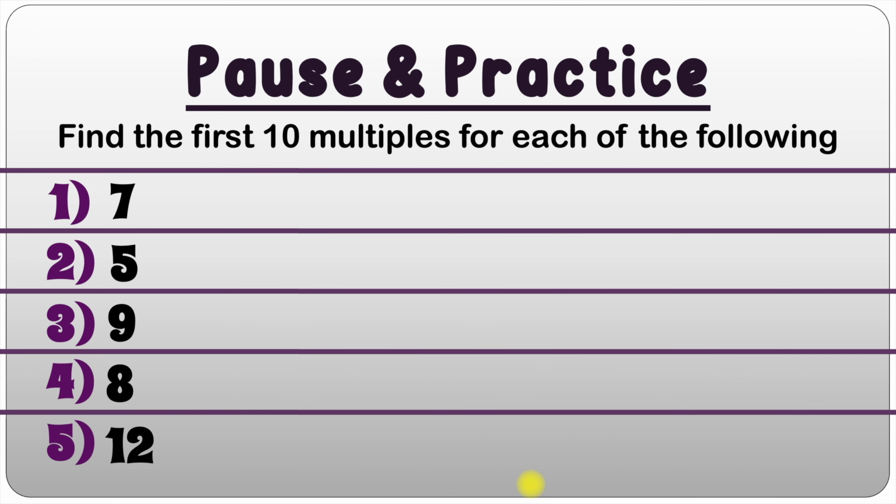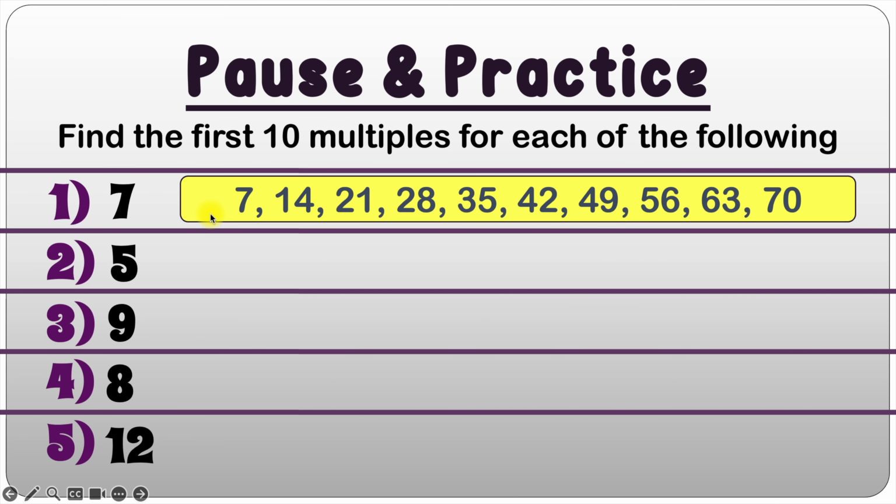So let's take a look at our answers. Number 1. The first 10 multiples of 7 are 7, 14, 21, 28, 35, 42, 49, 56, 63, and 70. Number 2.